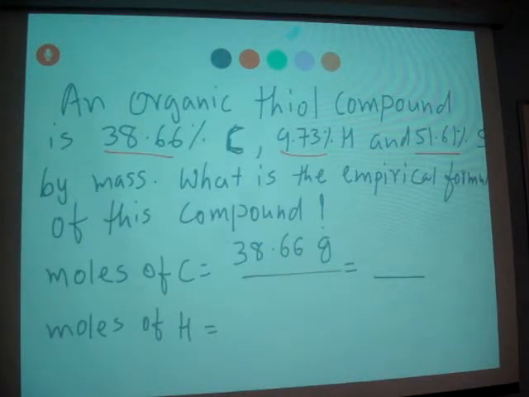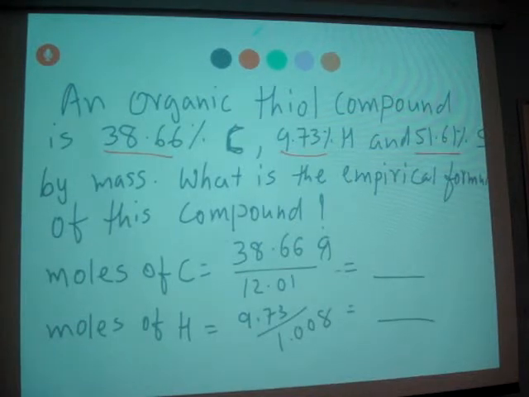Let me write small so I can fit in. Hydrogen we have 9.73 divided by, we have 1.008. You find moles of hydrogen.